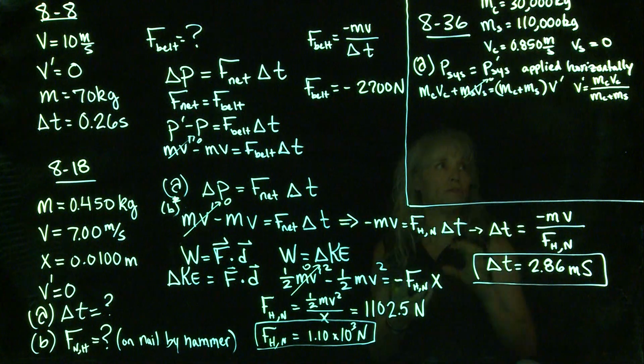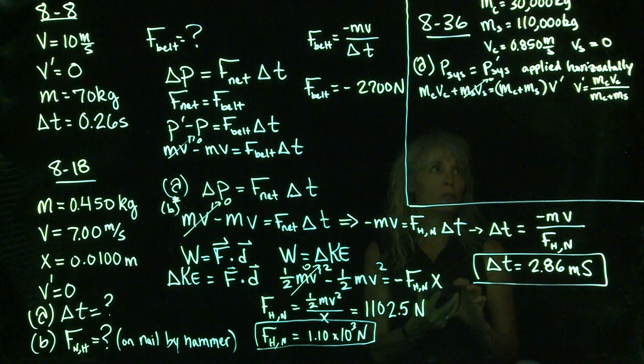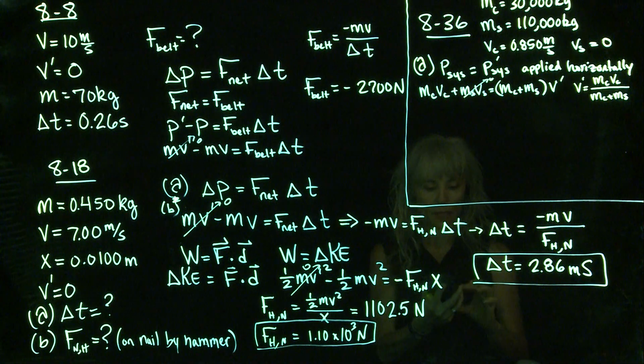So I have these things defined up here. Let's go ahead and plug them in. The mass of the car is our 30,000, and we're going to divide that by the sum of the two, and then multiply that by the initial velocity.